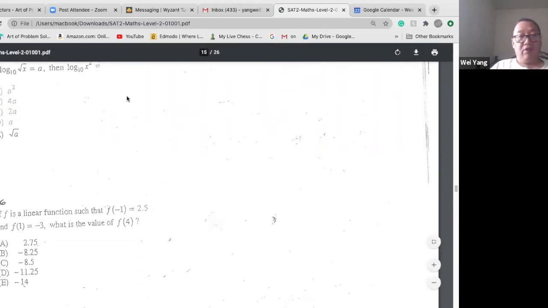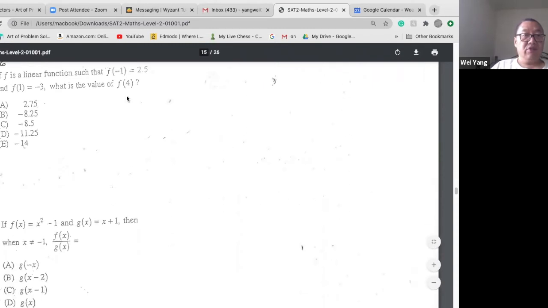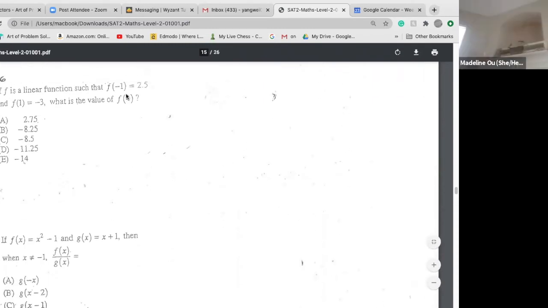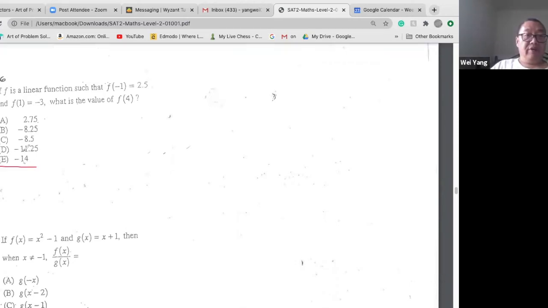Now let's see 26. What's your answer for 26? D. You got an E. D. Oh, D. Okay, D. If a linear function is such that f(negative 1) equals 2.5 and f(1) equals negative 3, what is the value of f(4)?